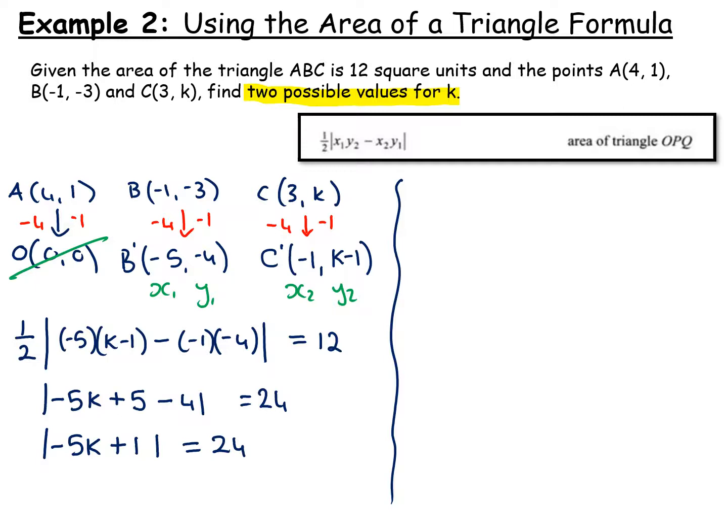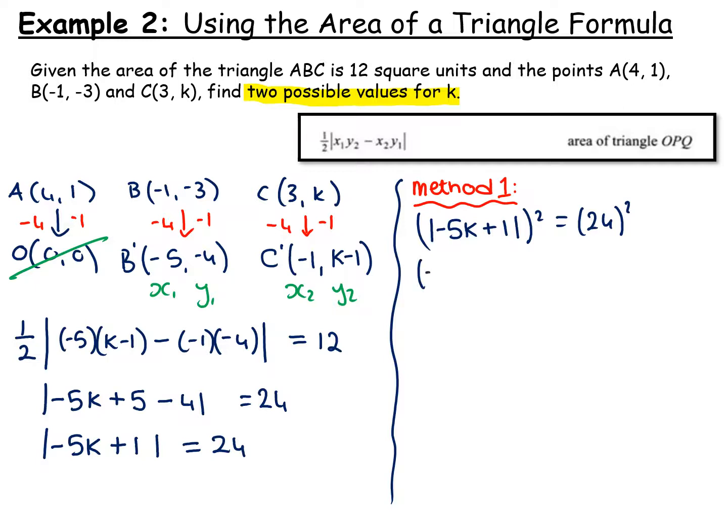So there's two ways to deal with this. The first method, and the one I would generally suggest that students do because it'll work in all cases, is one that we would have seen when working with absolute values and inequalities. That method is to square both sides, because if I don't know if minus 5k plus 1 is positive or negative, by squaring it, I now know for sure that it's positive.